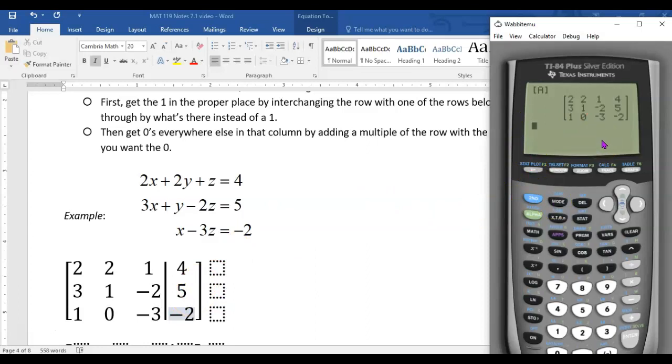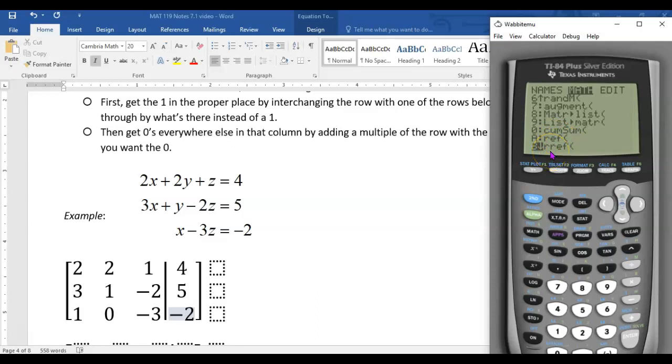What we really want is the reduced row echelon form of that matrix. Here's how to get the calculator to give you that. Go back to the matrix menu. Move over to Math, and now arrow down to RREF. Now be careful, there's an REF. That's not what we want.